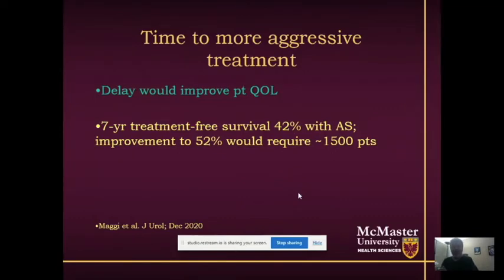Again, just in terms of how the outcome may change the sample size, if we use 7-year treatment-free survival of 42%, which I found quoted in a different publication, and we're looking for an improvement of about 10%, from 42% to 52%, your sample size would change to about 1,500 patients, again, depending on the length of follow-up that you have.